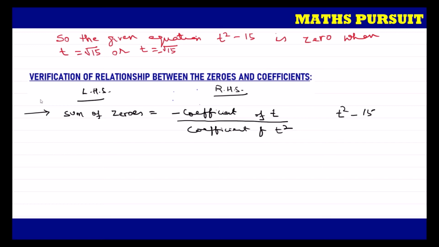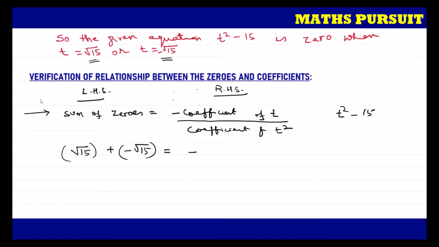So guys, sum of zeros, we got the two values of t, one as root 15 and the other one as minus root 15. So I can write root 15 plus minus root 15 is equal to minus coefficient of t. Here t value is 0, we don't have anything as t.